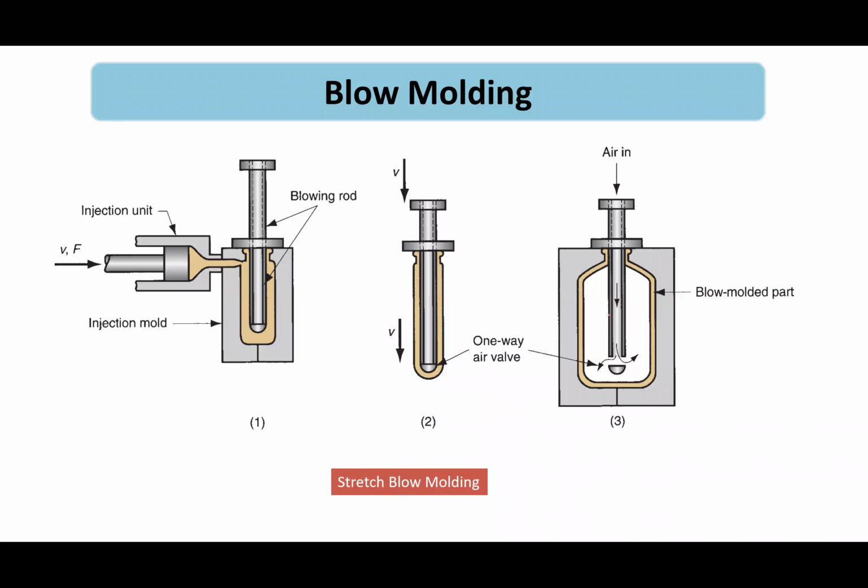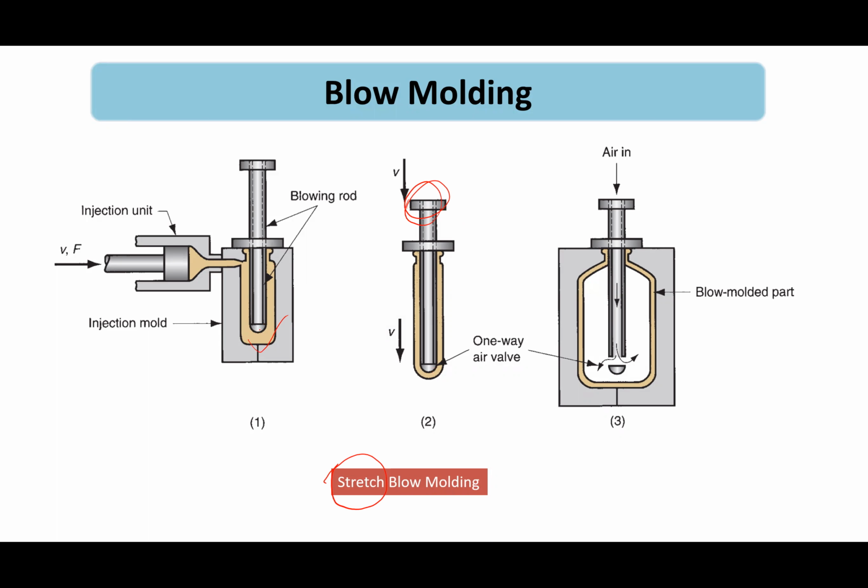This one is similar to that. The only difference is that it uses the stretch. First you produce the parison, and then the parison is stretched using a barrel. The airflow barrel that is used for airflow, that barrel is pushed.